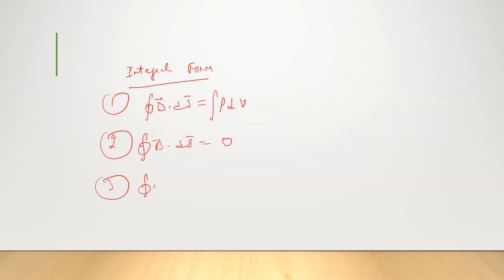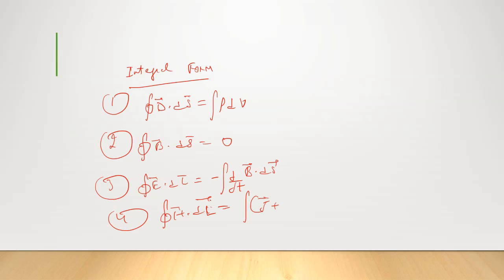Third, the integral of E dot dl equals minus d by dt of the integral of B dot dS. Fourth, the integral of H dot dl equals the integral of J plus curly D by curly t dot dS. This is the summary of the integral form.